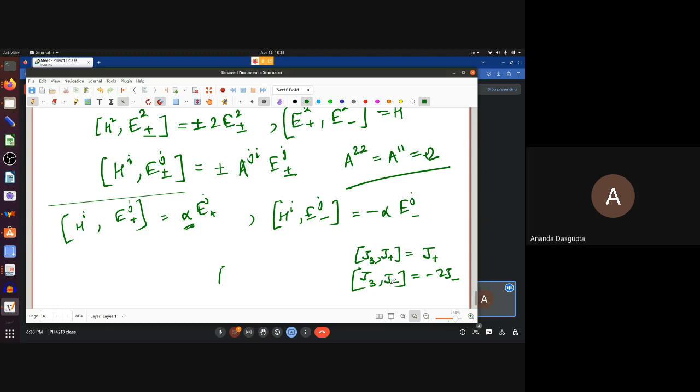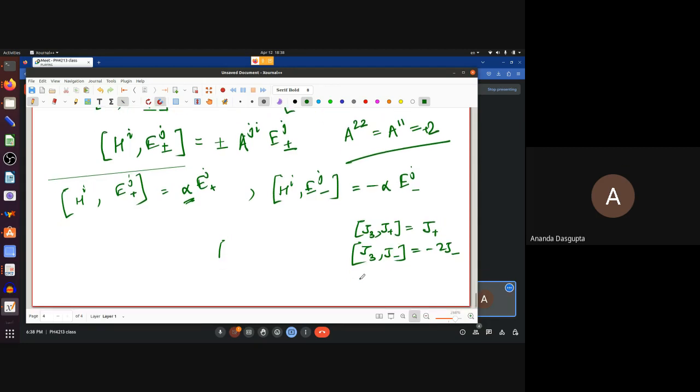In quantum mechanics, J plus and J minus are actually adjoints, right? Yes or no? You can see how that's relevant here. What's the adjoint of the commutator A, B?